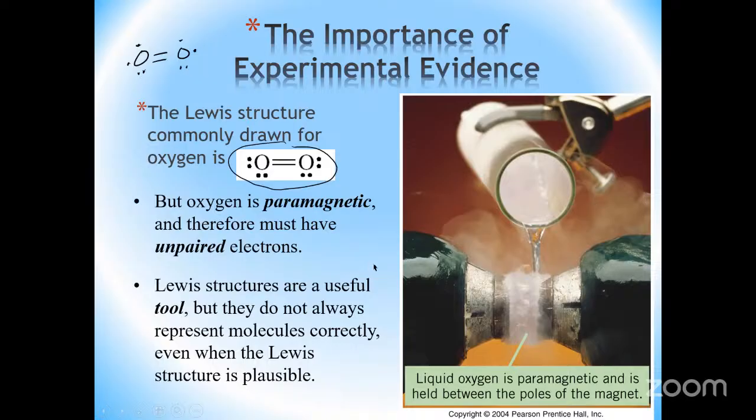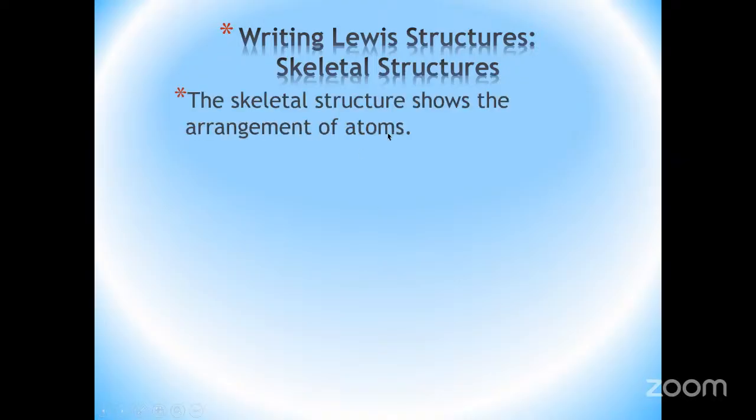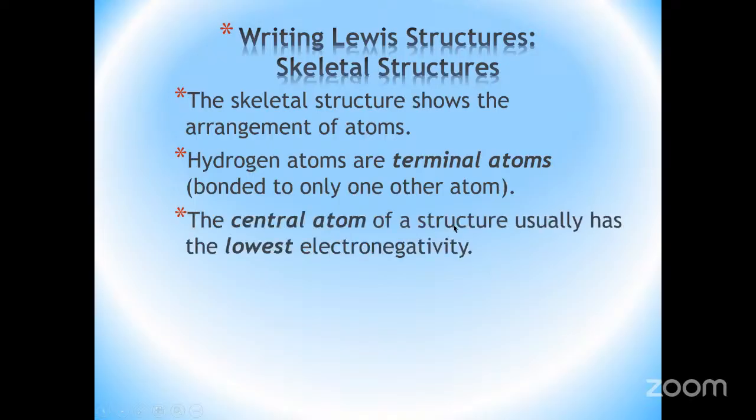Okay, so now we're going to get into how we go about drawing the Lewis structure of molecules and also polyatomic ions. Basically, there are a couple of things that you have to keep in mind. One, the skeletal structure shows the arrangement of the atoms. If you have any hydrogen atoms present, then those hydrogen atoms will be terminal atoms.